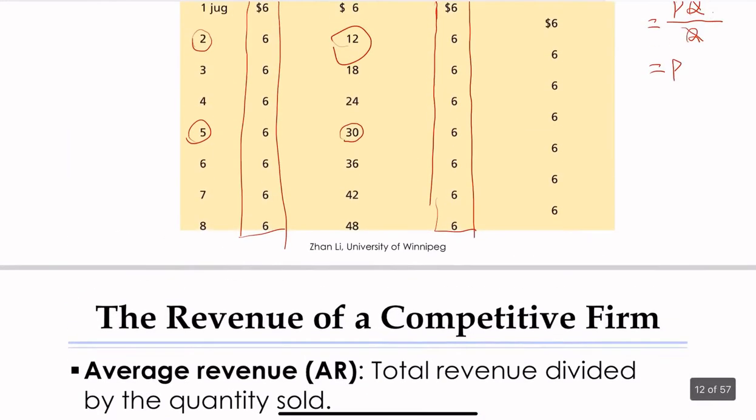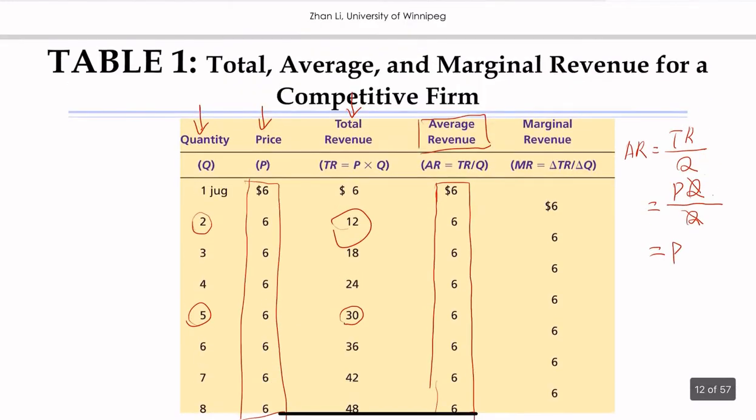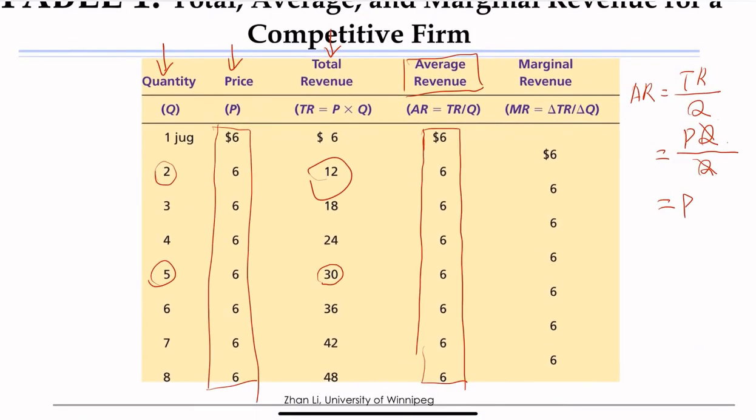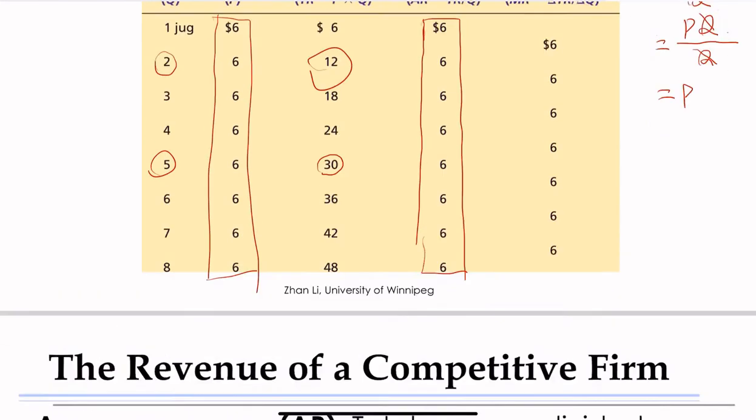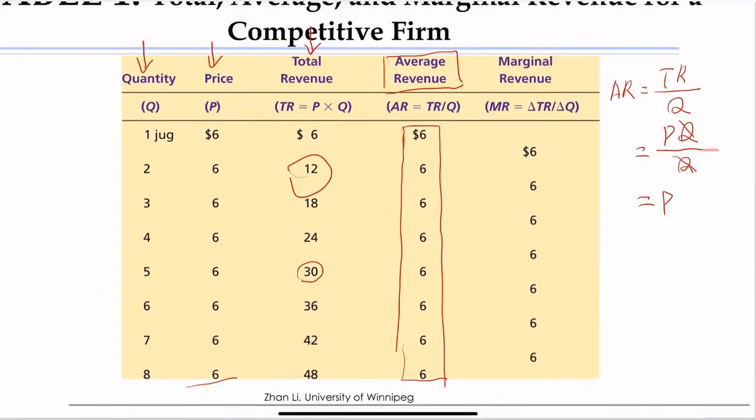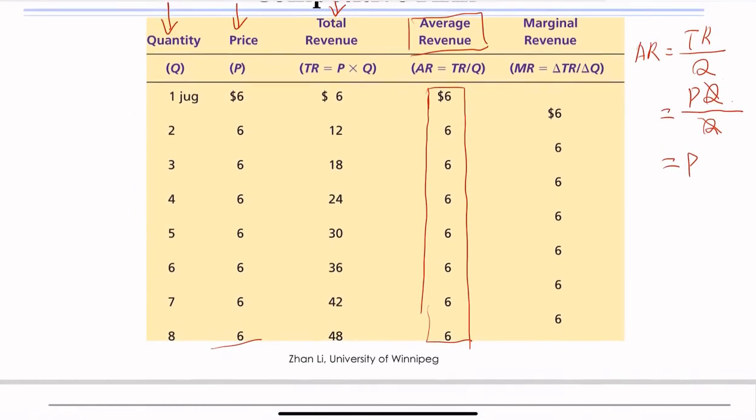Okay, now let's go back to this example here and see how we could calculate marginal revenue. So first, let's use the change in total revenue divided by the change in quantity. So let me remove these old markings.